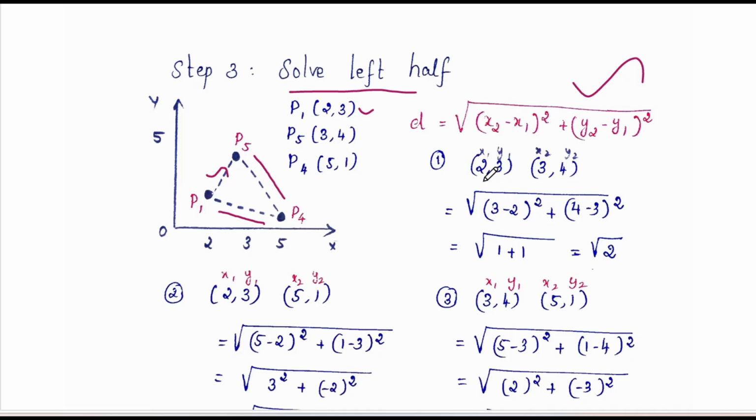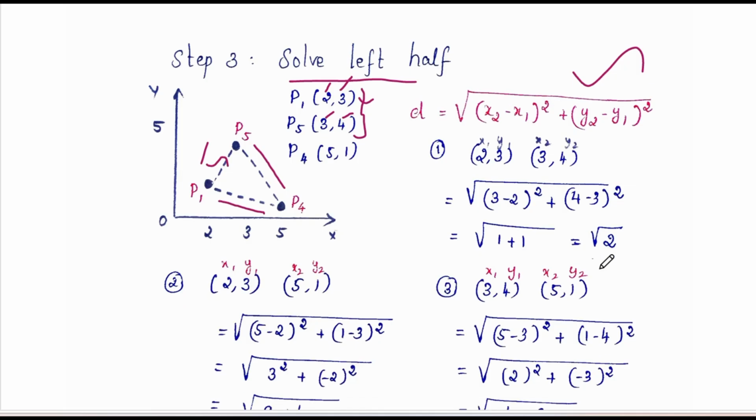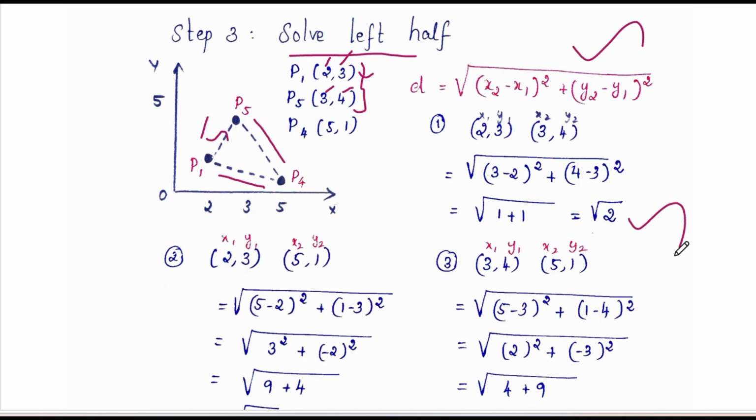So initially we calculate these two points, 2 comma 3 and 3 comma 4, P1 to P5. This is x1, this is y1, this is x2, this is y2. Apply all the values here. We get the result root 2.